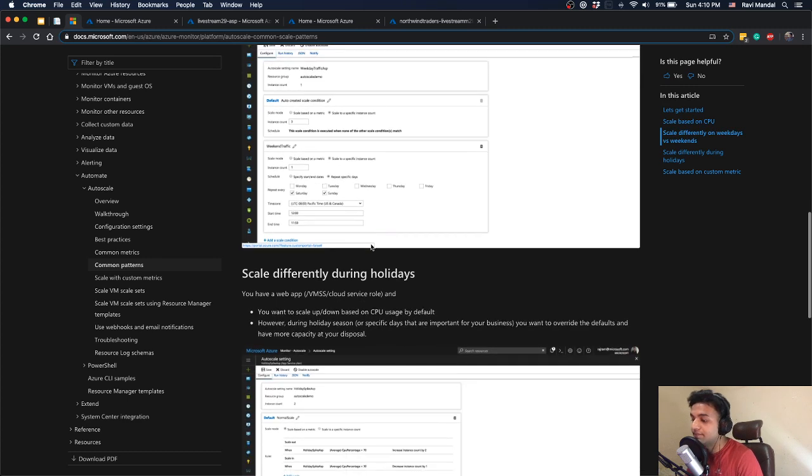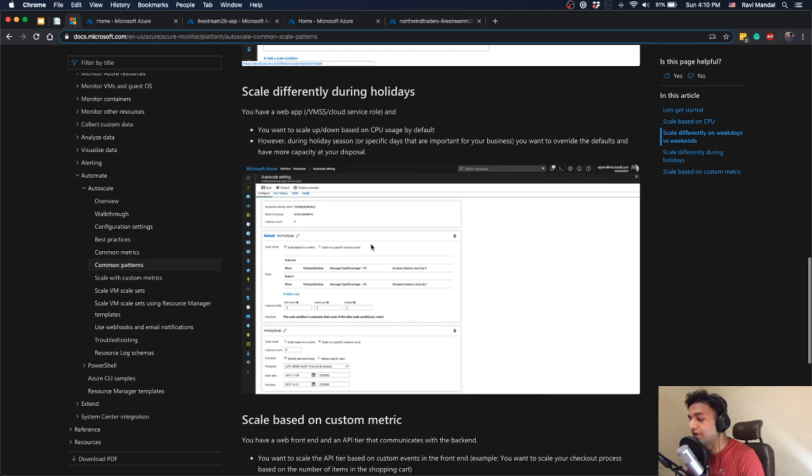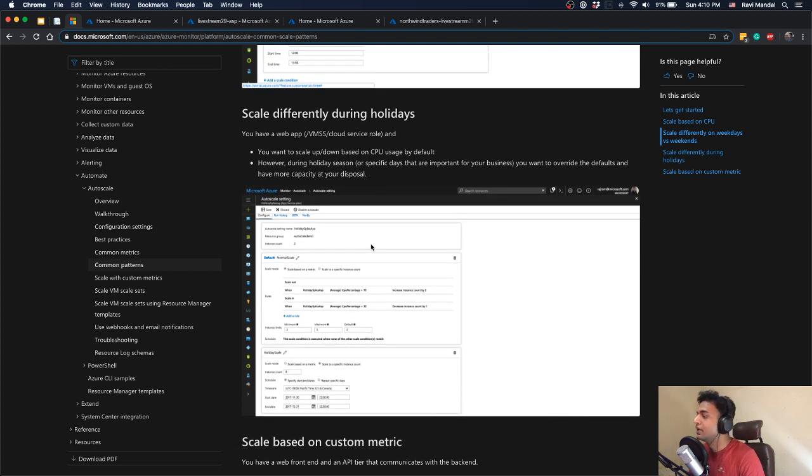Or maybe you want it for a specific, very long period of time. For example, Christmas, Dasai, or any festival that happens. In that period of time, the number of users might increase or decrease depending upon the application. If the application is a hotel booking site, the number of users will increase during the holidays.